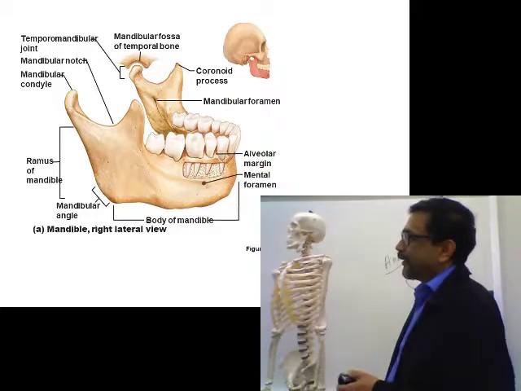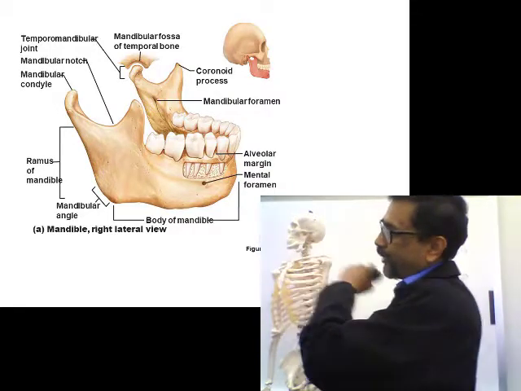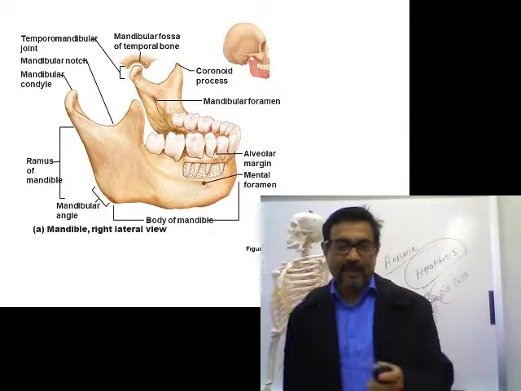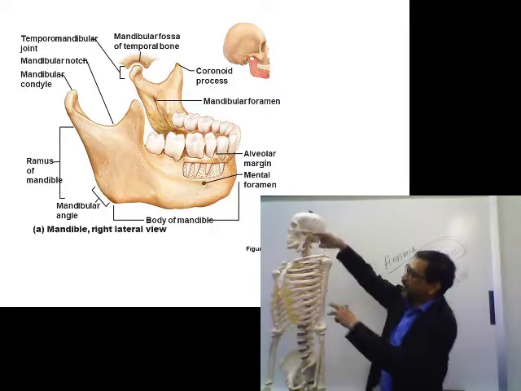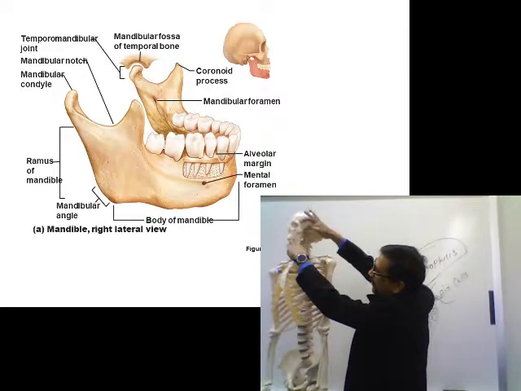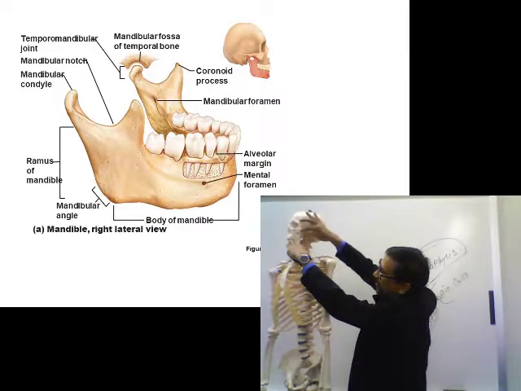Now if you see the upper part of the ramus, there are two structures. This part I have already mentioned forms the temporomandibular joint, right?